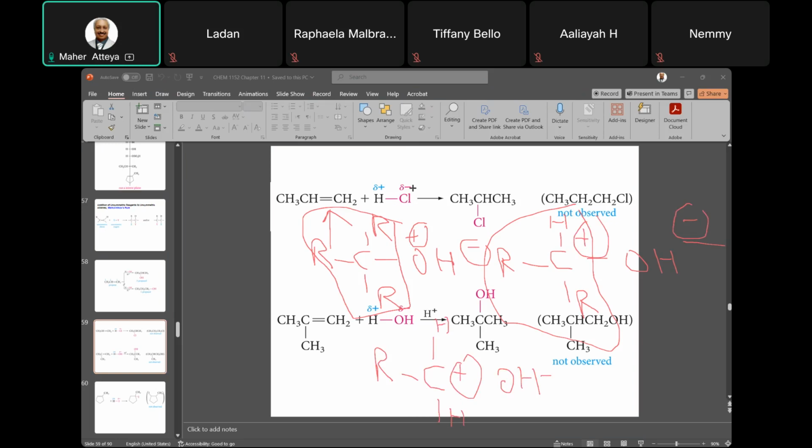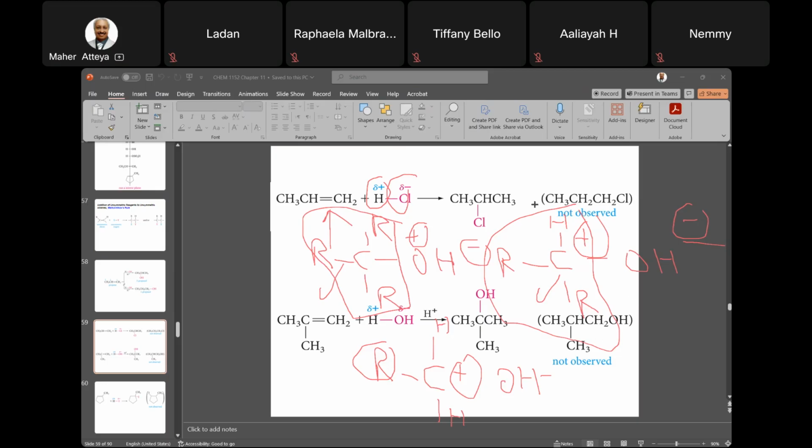In this case, the chlorine is negative and the positive is H plus. We are looking at the most stable situation, which is the tertiary one, followed by the secondary one, which has two substituents, two R's. Here we have three R's in the tertiary, two R's in the secondary, and one R in the primary. Primary means one R, one substituent. Secondary, you have two substituents, and tertiary, you have three substituents.